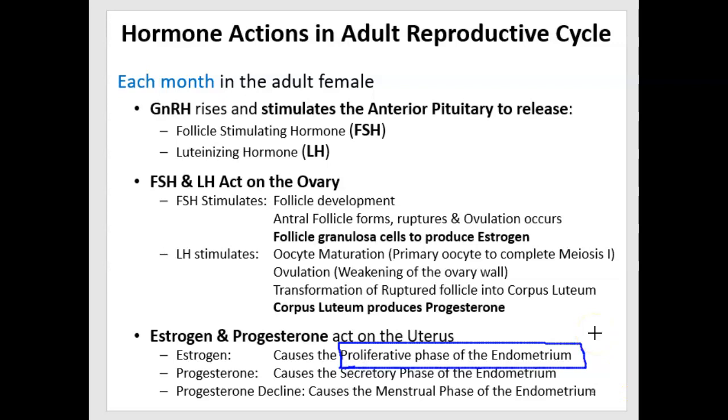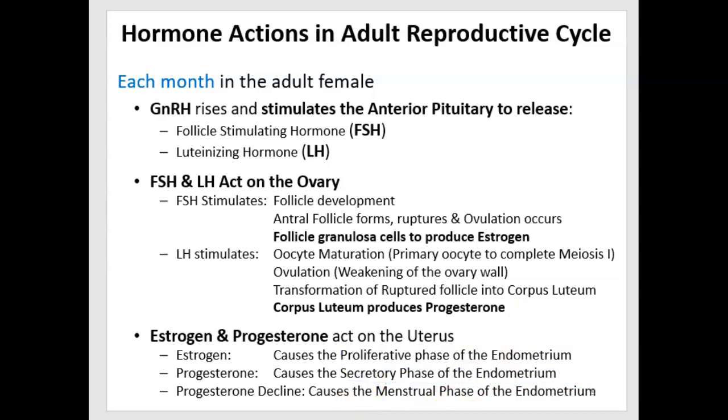So the stratum basalis and the stratum functionalis will be undergoing mitosis. And progesterone causes the stratum functionalis in particular to enter the secretory phase. The secretory phase, you might remember, involves secreting glycogen-rich fluid, which will help provide nutrients to a developing embryo.